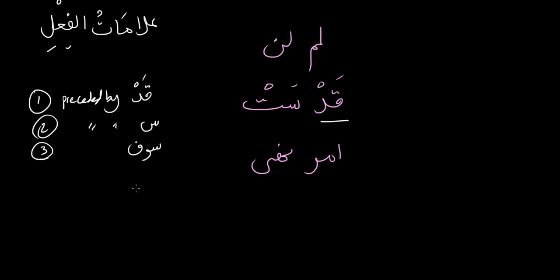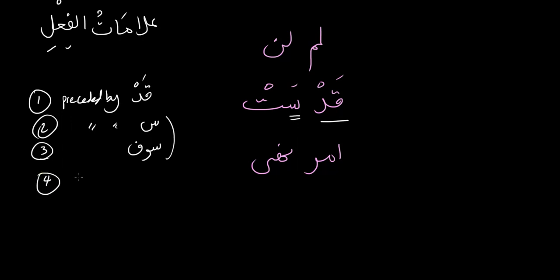So sofa ta'alamun: ta'alamun has to be a verb because it's preceded by sofa. So in this mnemonic, qad is preceded by seen and sofa. This should remind you of seen and sofa. So that's three of them already.